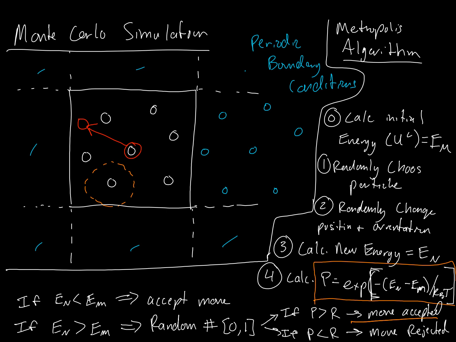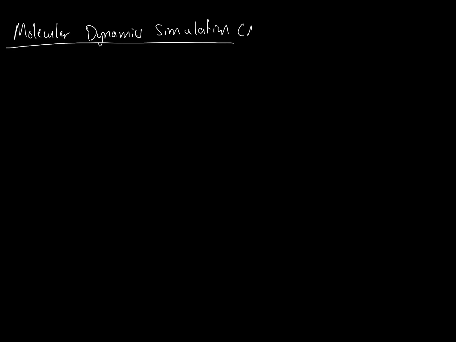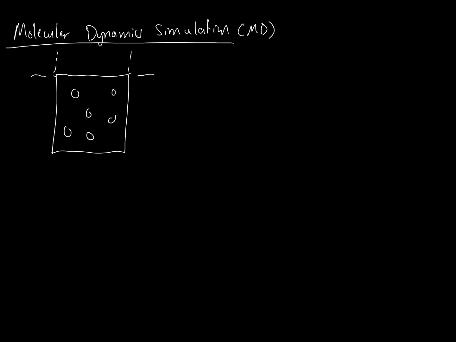So the alternative is a molecular dynamics simulation. Again, we also have periodic boundary conditions. We have a system, we have particles within the system, and this is repeated in all dimensions.